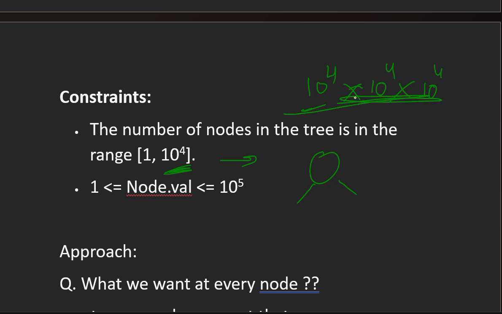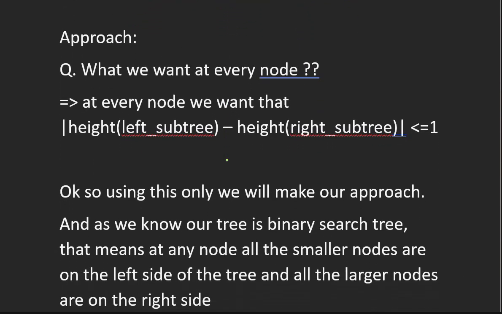So basically 10 to the power 4 into 10 to the power 4 into 10 to the power 4 time complexity. So this approach won't be a good approach, it will give us TLE, right? So we have to think of some better approach, right? And the node values can be up to 10 to the power 5. So let's see the approach.